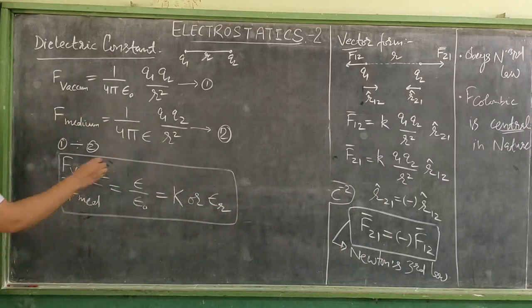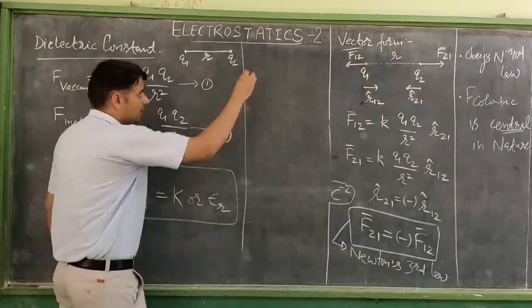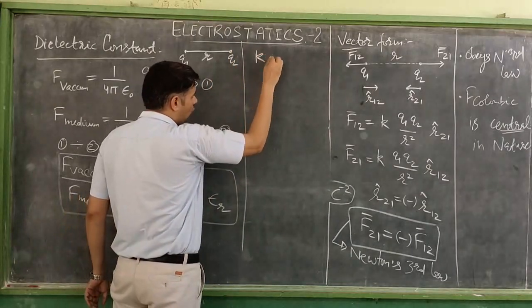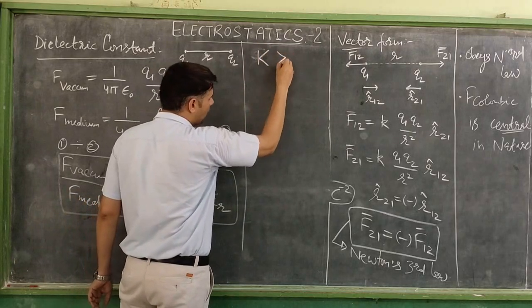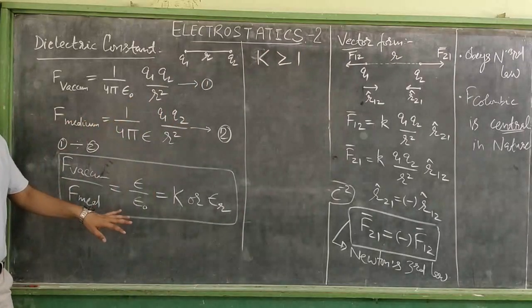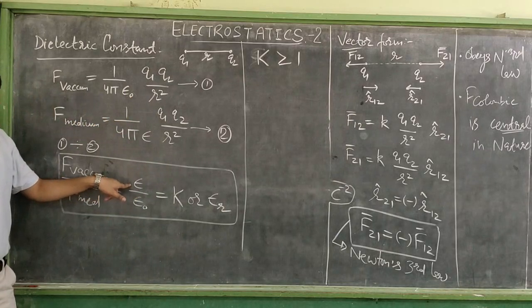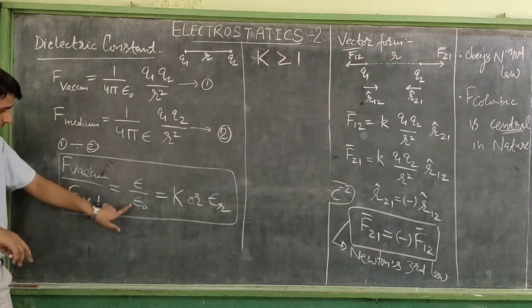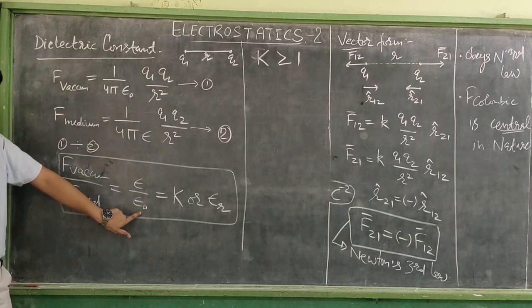Now if we talk about the numerical value of this K, dear students, capital K will always be greater than or equal to 1. If we talk about free space itself, K will be epsilon naught divided by epsilon naught, which is 1.